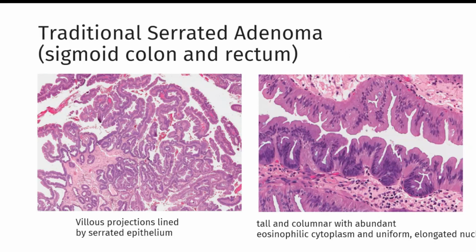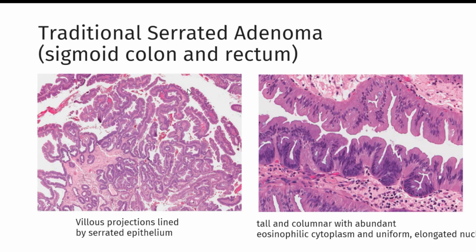Then let's move to the other topic. Here's a TSA, traditional serrated adenoma. This one is usually seen in the sigmoid and rectum. In low power, we can see these villous projections lined by serrated epithelium. We already notice that the color is really pink, not blue, not purple, for this entity.